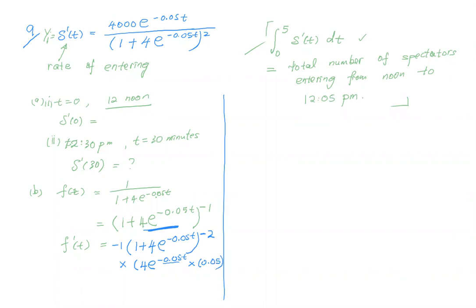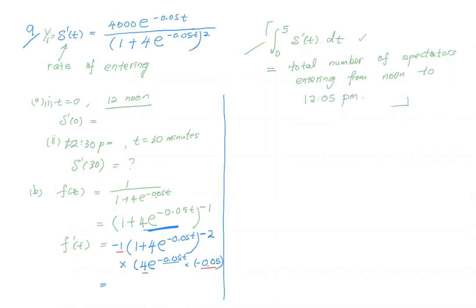Did I write it correctly? Hello? No. It should be negative 0.05. Am I right? Yes. So I multiply these 3 numbers up. So what do I get? 4 times 5, 20.